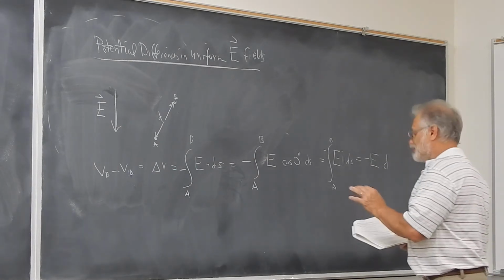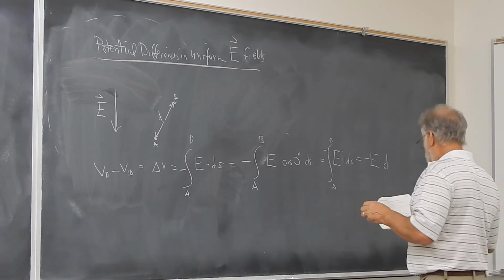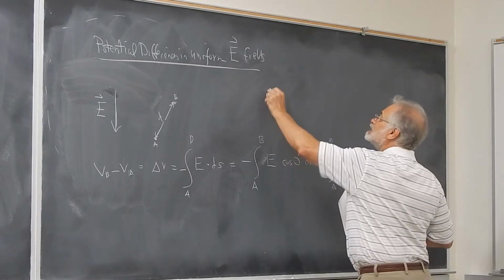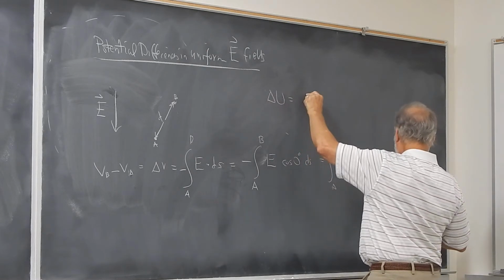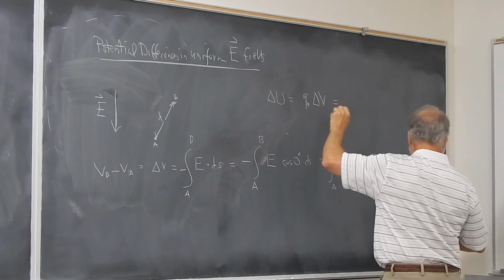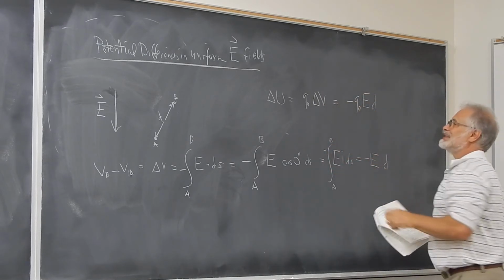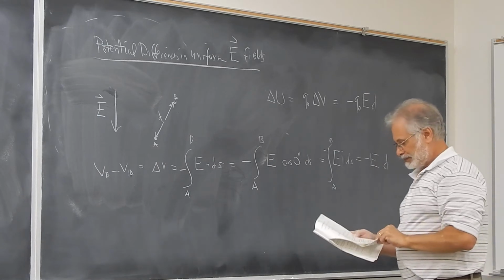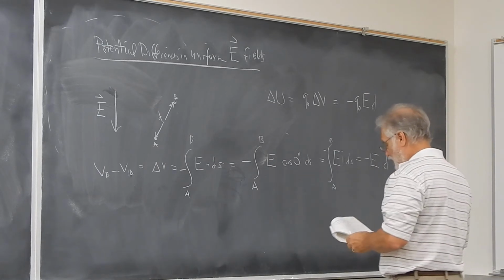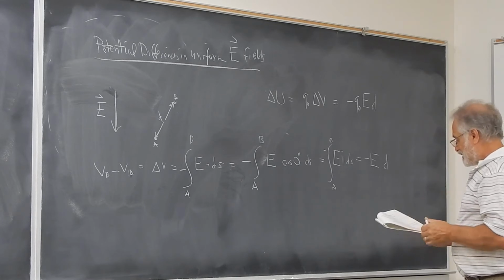So if a test charge moves from A to B, its change in potential energy will be delta U, which is the size of the charge, Q naught, times delta V, which is equal to minus Q naught E times d. So if Q naught is positive, delta U is negative.